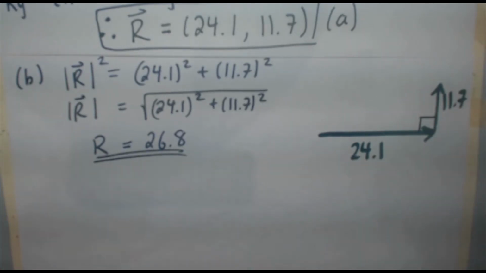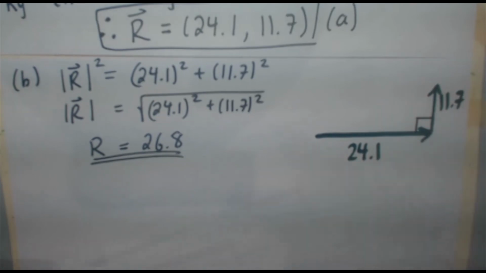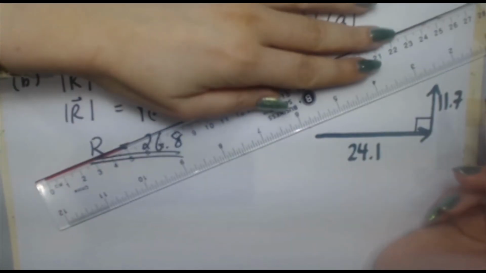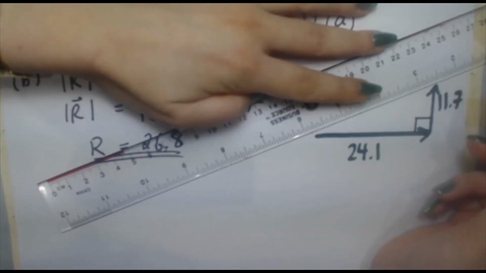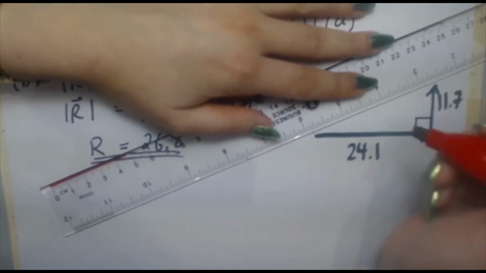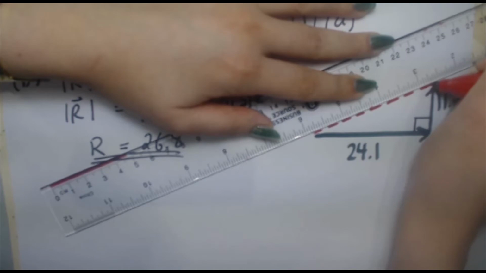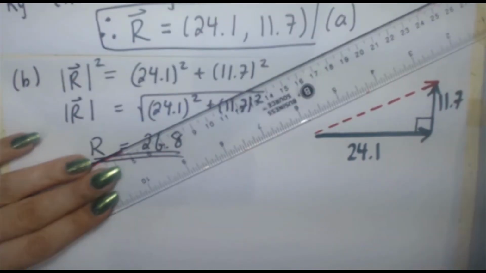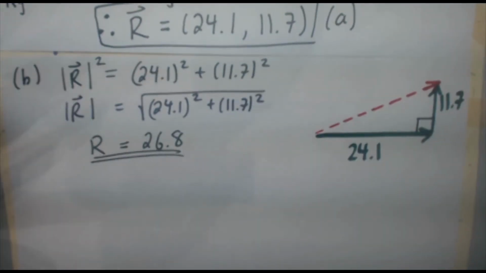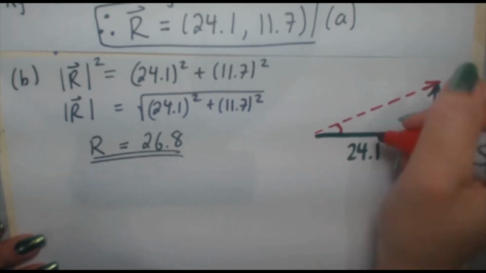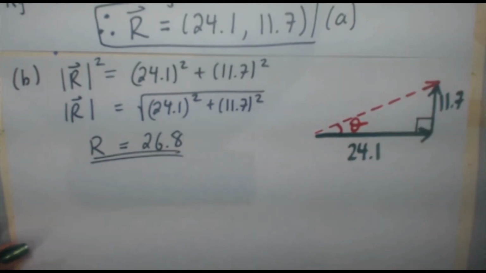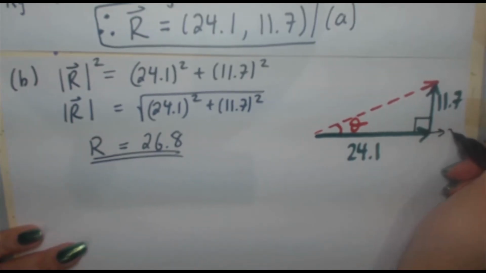And the sum of these two vectors, added tip to tail, you start from the tail of the first vector and you work your way to the tip of the second vector, like this. And our angle theta is going to be from the hypotenuse to the first vector there. Okay, so that's how we're going to find our angle with respect to the x-axis. After all, this is the x-axis.